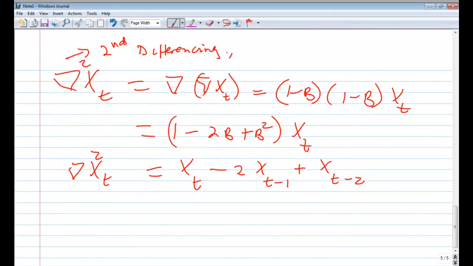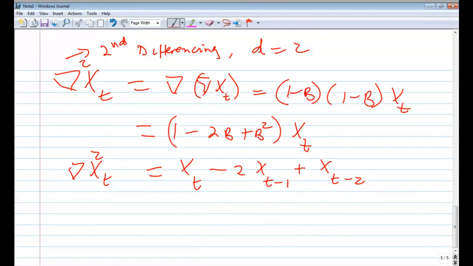Second differencing in the sense that here our d is equal to 2. The power there is d, which is equal to 2. So change in xt squared is change times change. Because change and change, when you multiply them together, is squared.